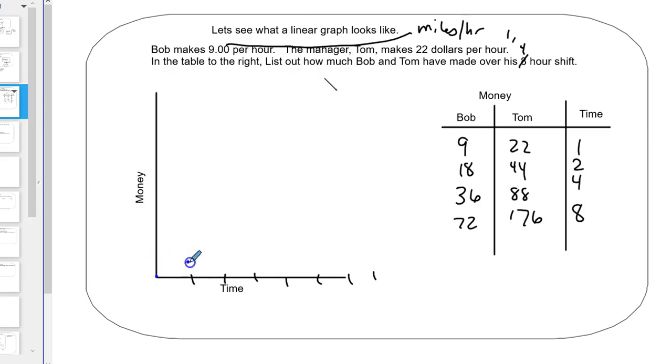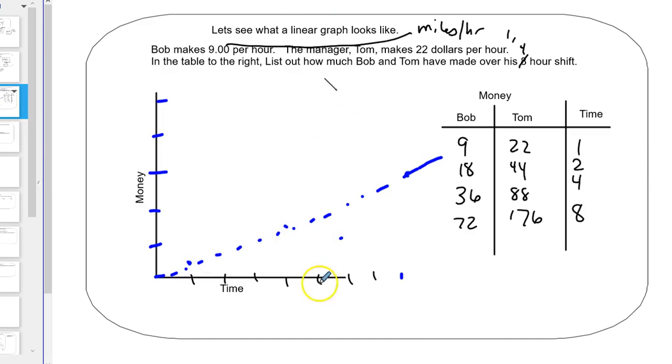Then 1, 2, 3, 4 could be 44, right here, and we might take a little more time and actually mark out our range here, and then 8 hours would be 176, so 1, 2, 3, 4, 5, 6, 7, 8, and 176 would be probably right about here. And this would be his rate of pay. Rate sounds a lot like relationship, and that's what we're talking about here.